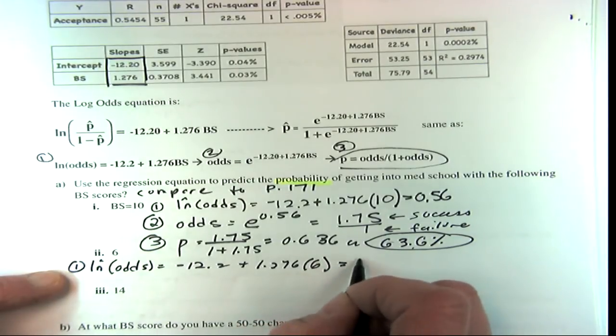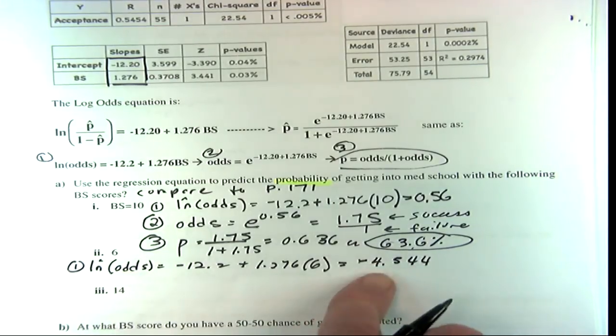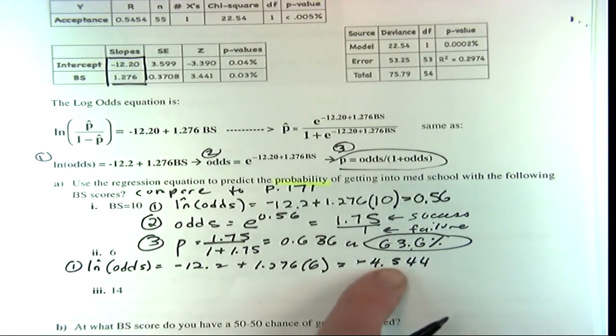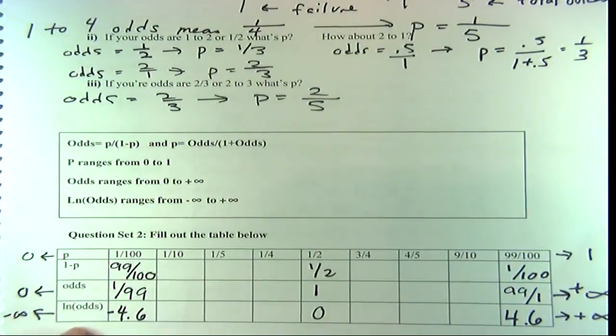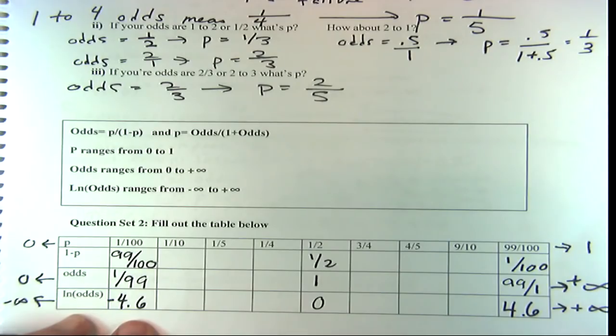And here we get a negative 4.544. We see that negative, right? Log odds of 0 would be a 50-50 chance, right? Remember? Right here, 0. So when it's negative, we know the probability is going to be less than 50-50.